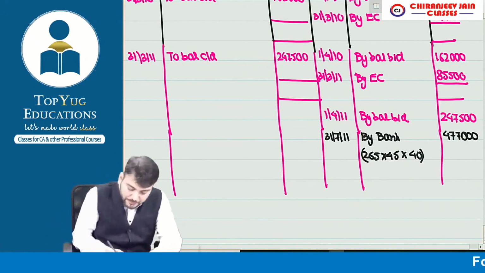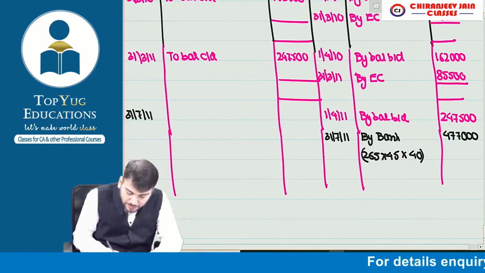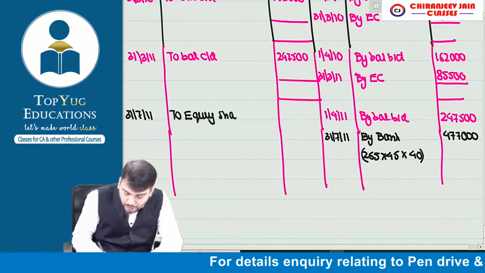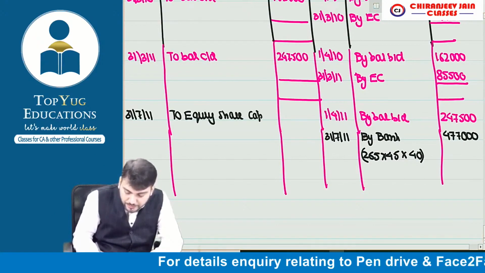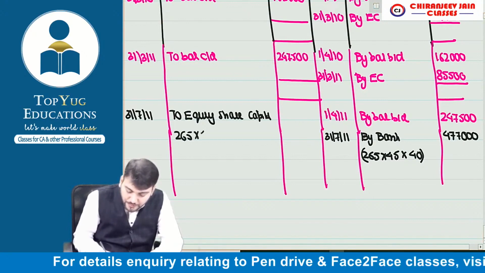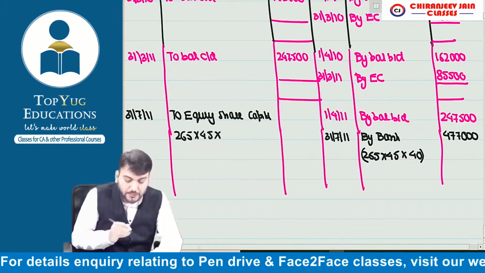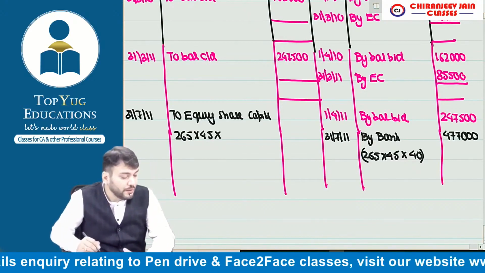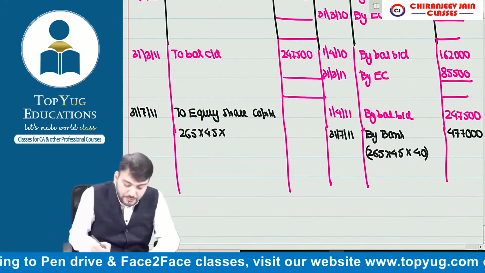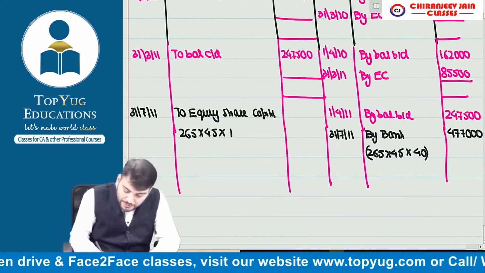Then we'll allot equity shares to increase, stock option outstanding account debit to equity share capital and securities premium. So on the same date, 31st July 2011, we'll do to equity share capital. So it will be 265 into 45. What is the nominal value of shares? 10.